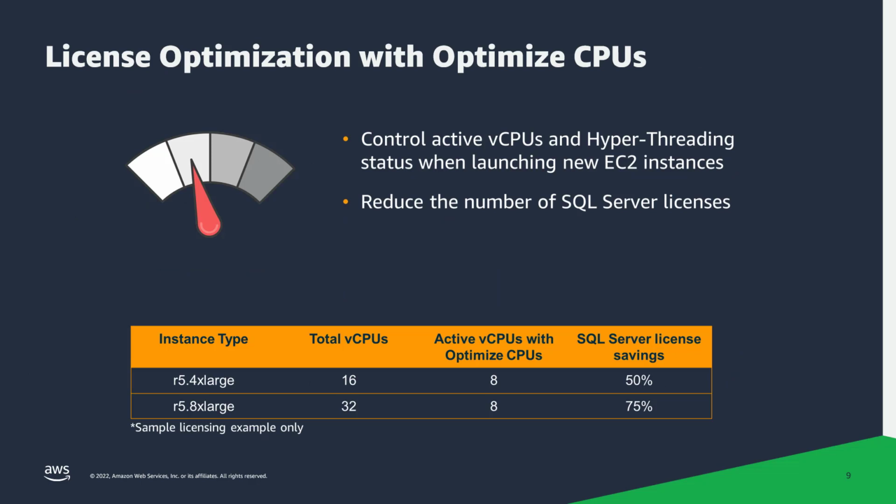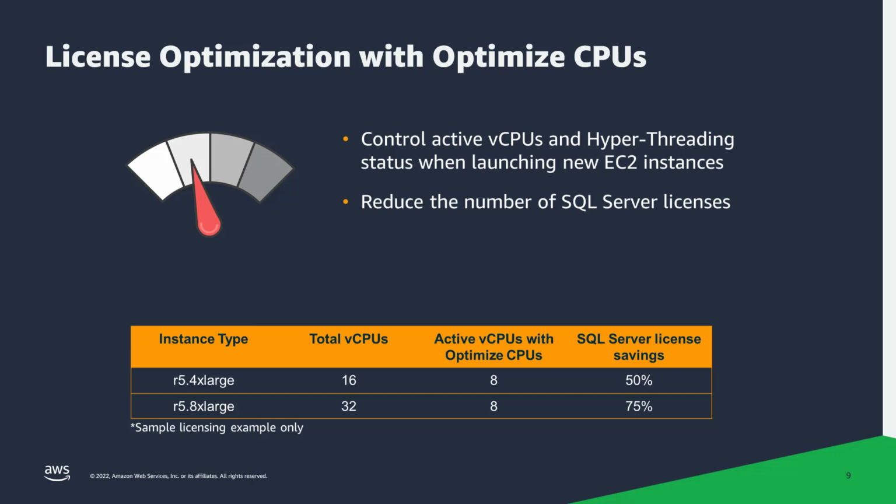Additionally, SQL Server core-based licenses can be optimized by allowing you to specify custom number of vCPUs for bring your own license optimization option. Optimized CPUs give you greater control of your EC2 instances. Customers can specify custom number of vCPUs when launching a new instance to save on vCPU-based licensing cost.